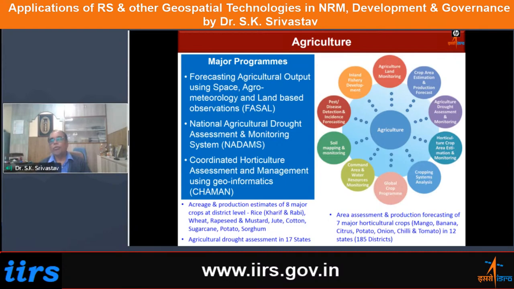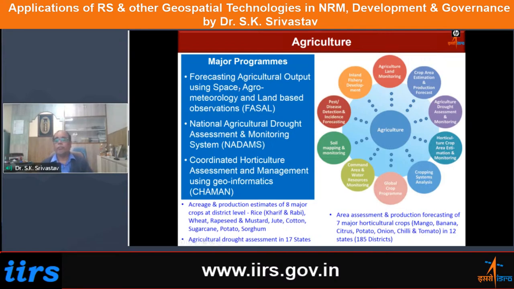They do a lot of remote sensing agriculture related studies for providing inputs to the government of India. Those are basically policy inputs for deciding the import export policy and also for other purposes. Let us see what those major operational programs are.